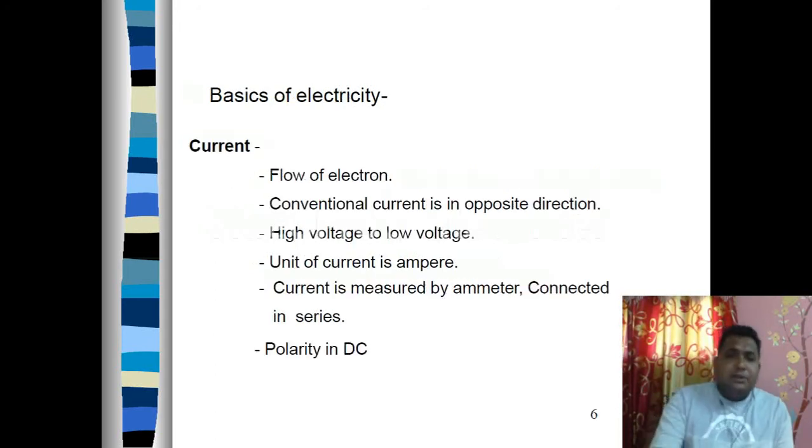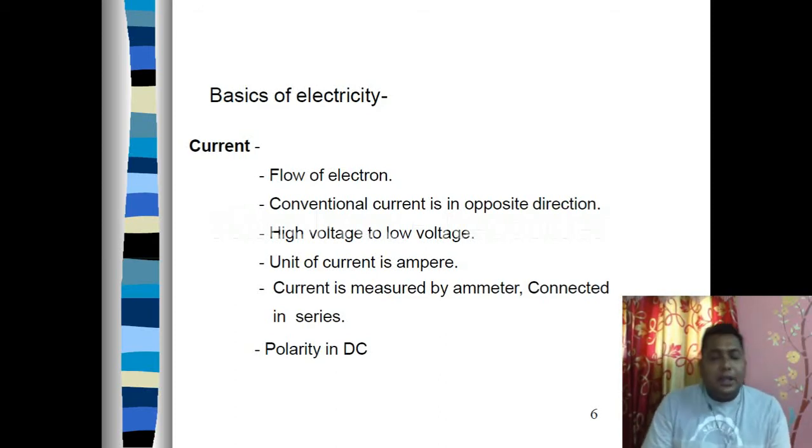Okay, so coming to the next slide. What is current? Current is a flow of electrons. Conventional current is in the opposite direction of the electron flow. High voltage to low voltage, that means current always flows from higher potential to lower potential. So you can say that current always flows from plus to minus. The unit of current is ampere, we know.